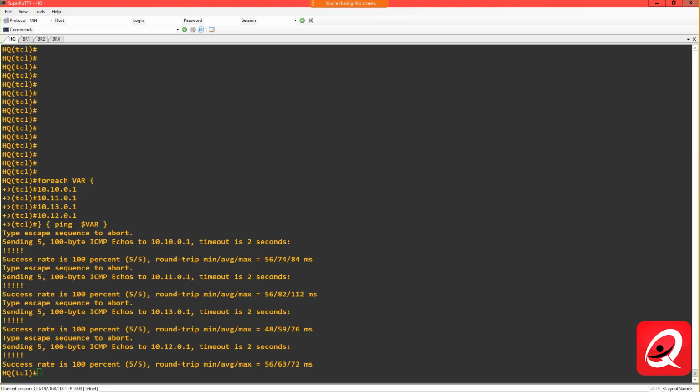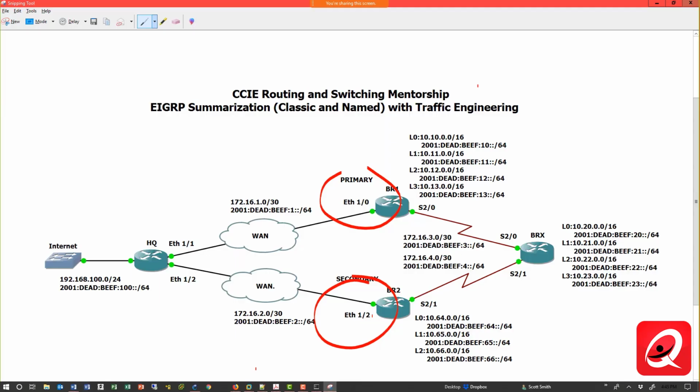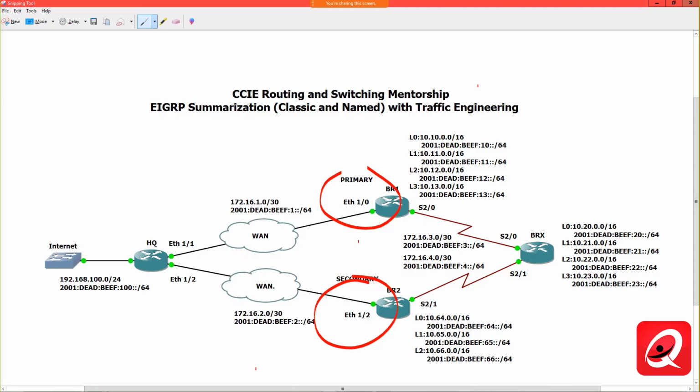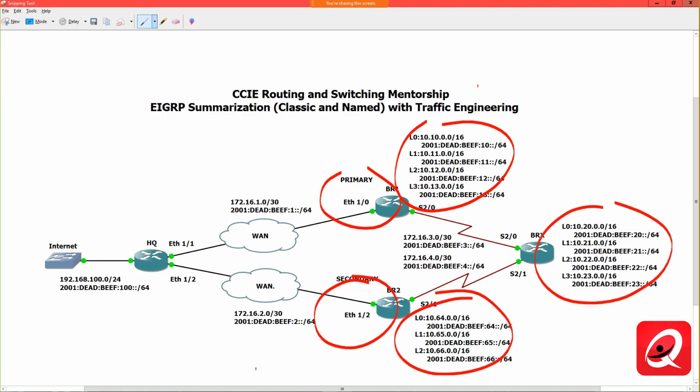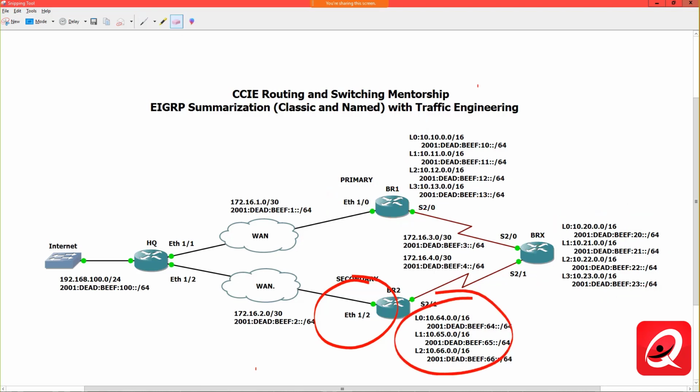So in our particular topology here, let's see if we can kind of simulate this. So we're summarizing these networks here, we're summarizing these networks, but we're not summarizing those prefixes in the back. All right, so what I want to do is create a summary on BR1. Well, you know what?